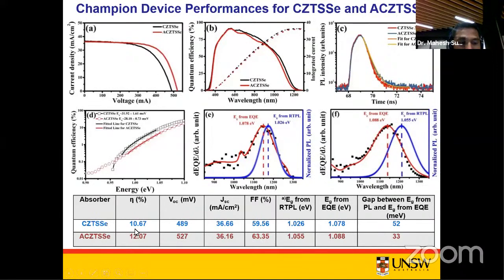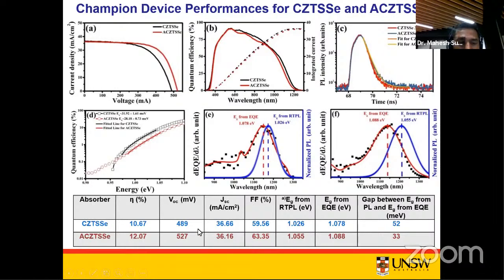So as you can see from the table, there is a clear improvement in the device efficiency from about 10.67% for CZTSSe to about 12.07% for silver-alloyed CZTSSe thin film solar cell.